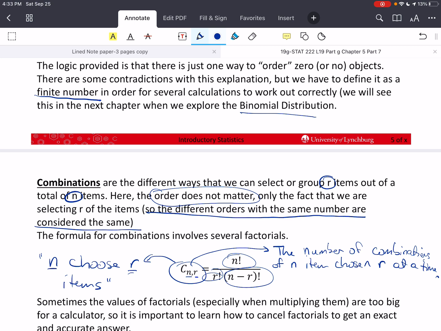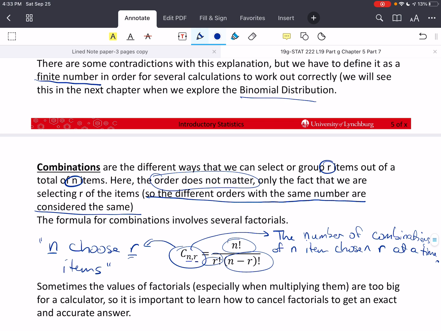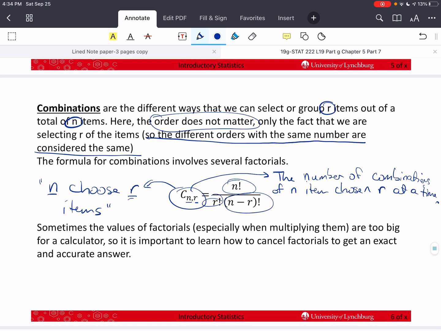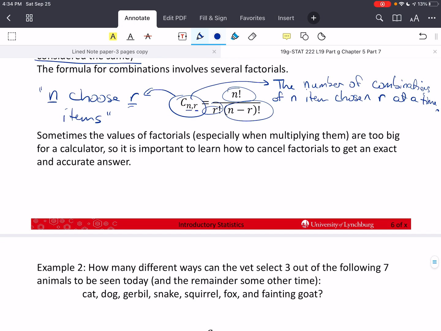This one actually has 14 decimal places. My other one only has like 8. And when it doesn't have enough decimal places, it goes to scientific notation, but it may end up rounding off values so that you don't have an exact value. So we need to learn how to cancel out some of these factorials so that we can end up with the exact answer and we don't have an error.